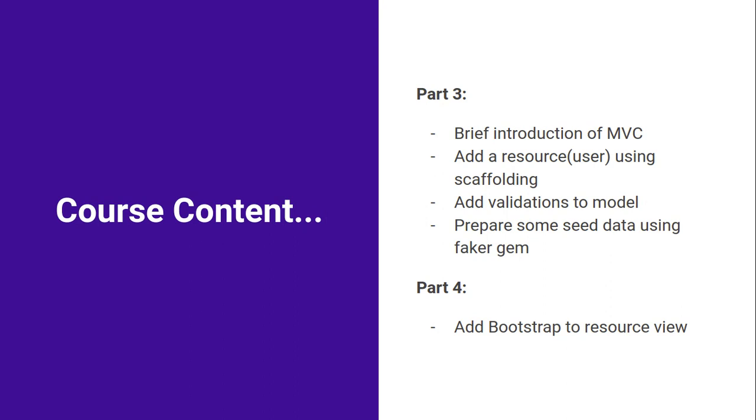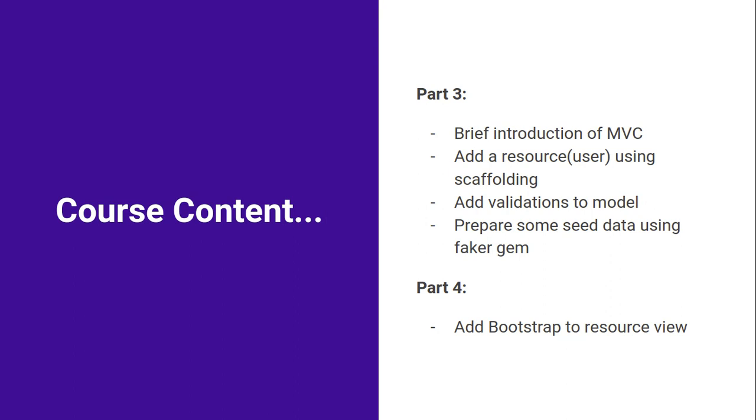And as the last item of this part, we will add a Ruby gem that is known as Faker gem to populate seed data so that you can create a number of dummy users in your database. The main purpose of the last item of part three is to demonstrate how you can use Ruby gems.